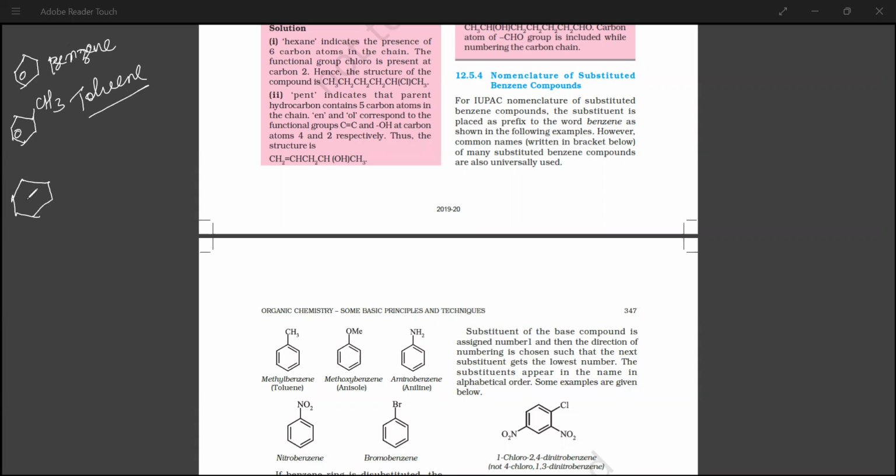What about this one? If two CH3 groups are there, it will be xylene. If it is on 1 and 2, it is orthoxylene. If it is there on 1 and 3 carbon atoms, then metaxylene. And if these two CH3 groups are there on the first and fourth carbon atom, then it will be known as paraxylene.